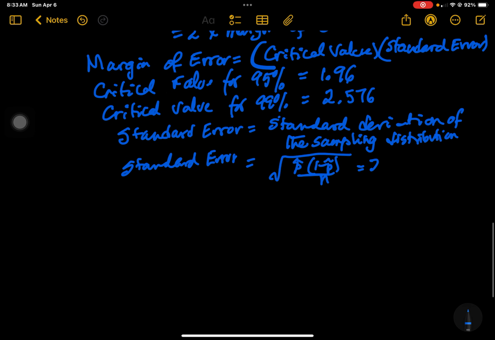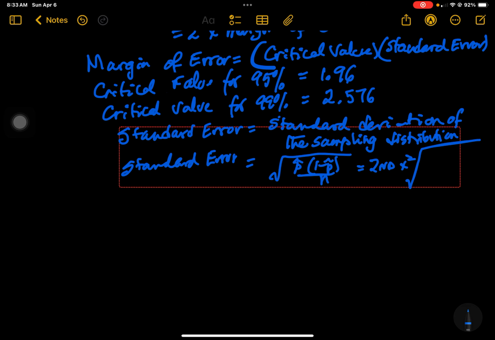So we will do second button and x square to get the square root.